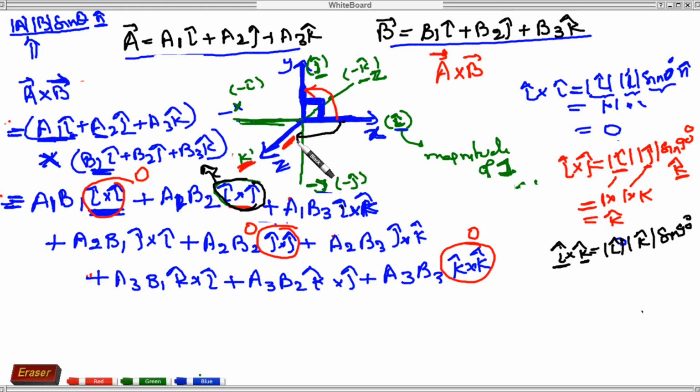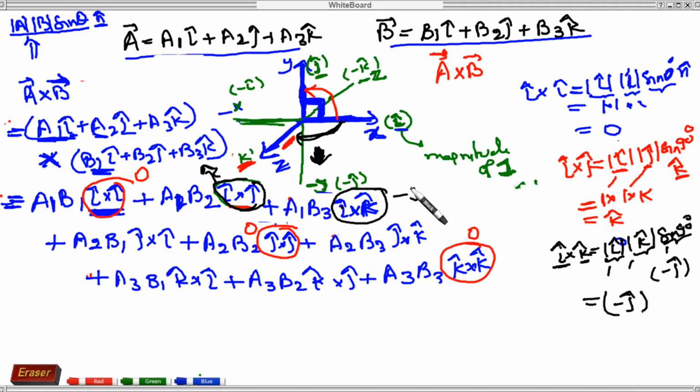So the direction of the thumb will be like this, which means the direction is minus j. This will be 1, this will be 1, this will be 1, and minus j is the direction. So this will give us minus j.